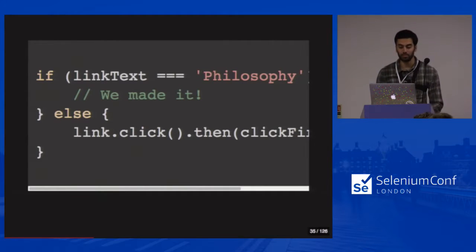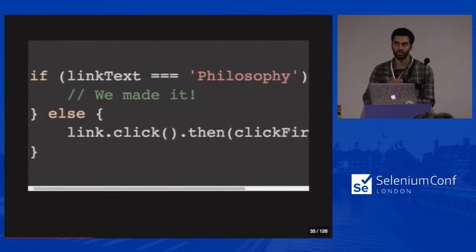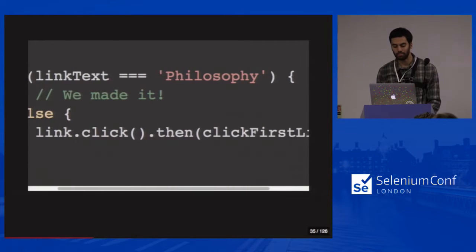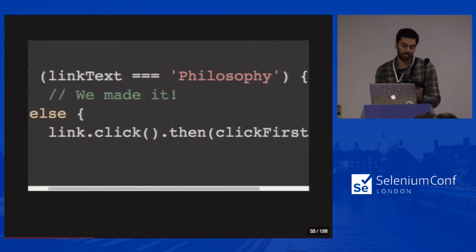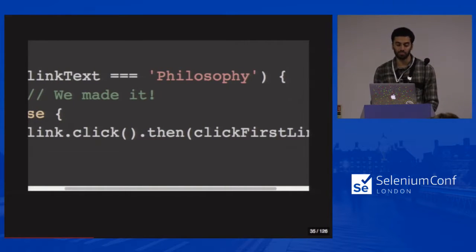We then have a simple if statement that says, if link text, which you can get from saying link.getAttribute, and then in the parentheses you say innerText. I forgot to include that bit. If it's philosophy, job done. You've solved your goal. If it's not, continue doing it.